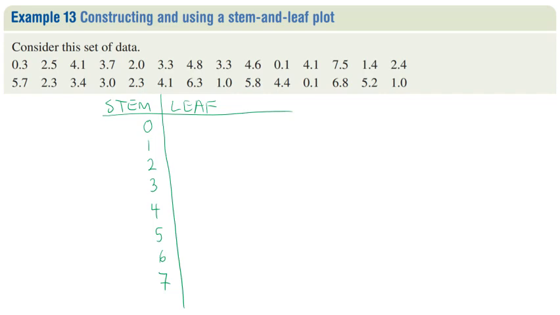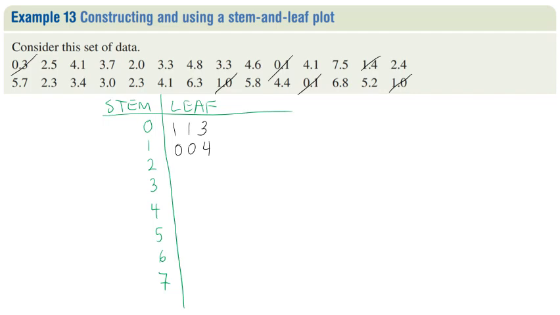All right, so let's put in our data. I hope I don't miss any. All right, 0.1. We've got 0.1 again. Then we've got 0.3. Then on to the 1s. So we've got 1.0, 1.0. Then we've got 1.4.